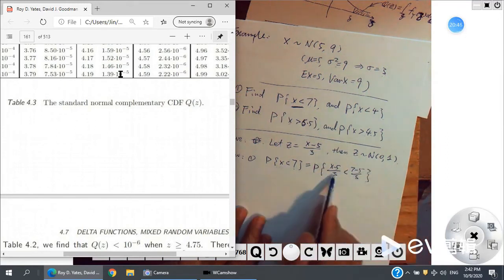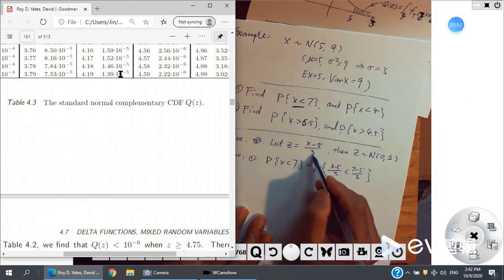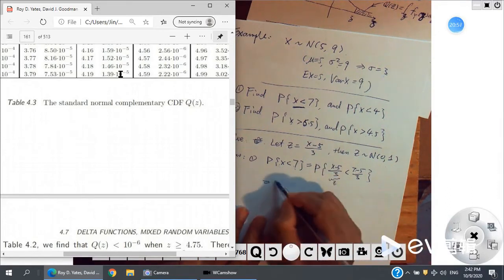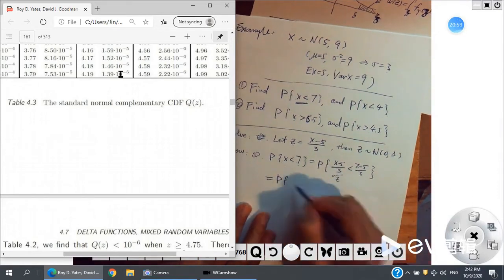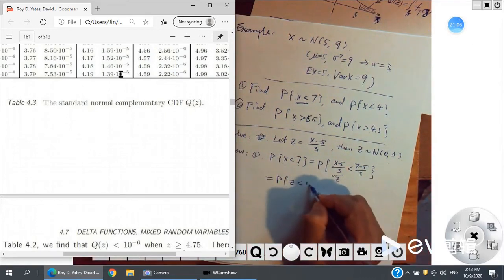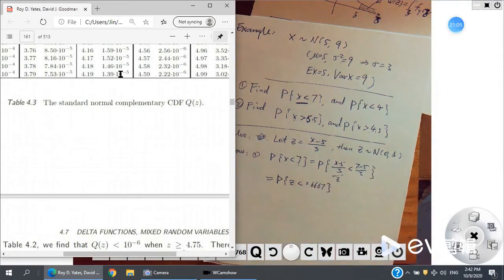X is smaller than 7, and I need this minus 5 over 3, so this part should be Z. Now this probability is Z smaller than 2 over 3, right? 0.6667. Okay, now we can check the table.